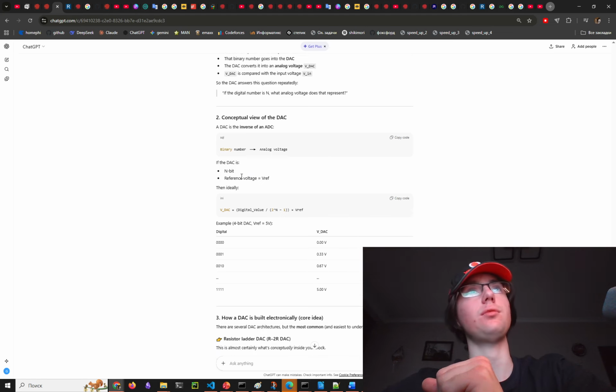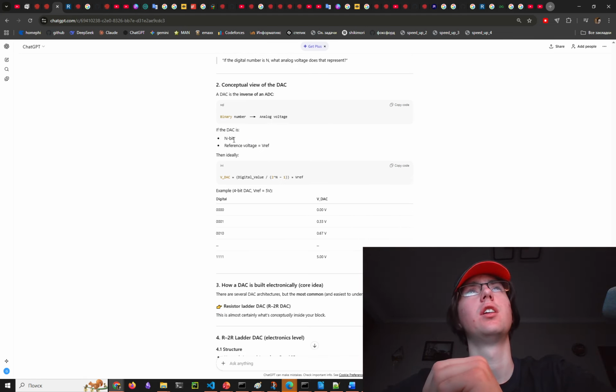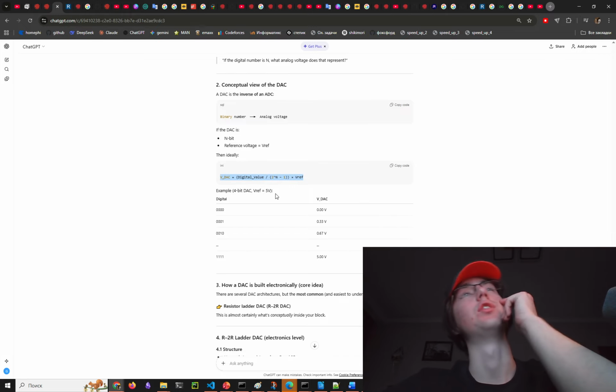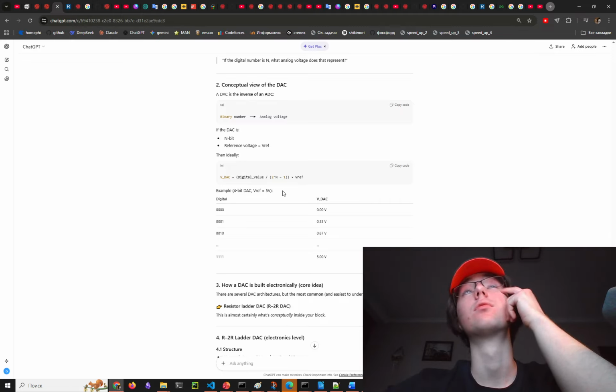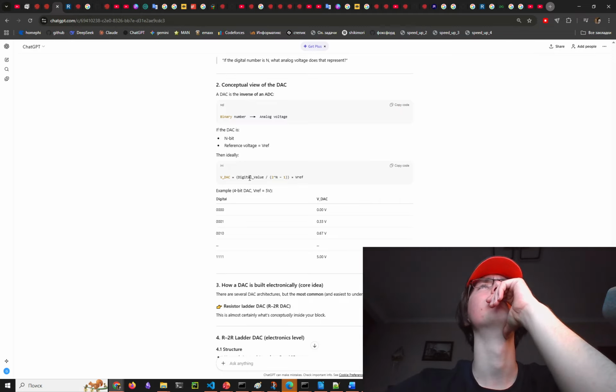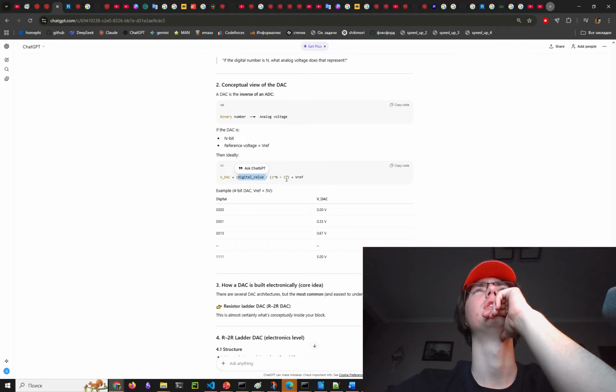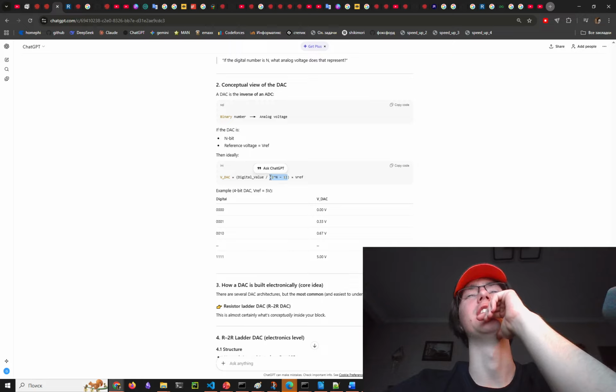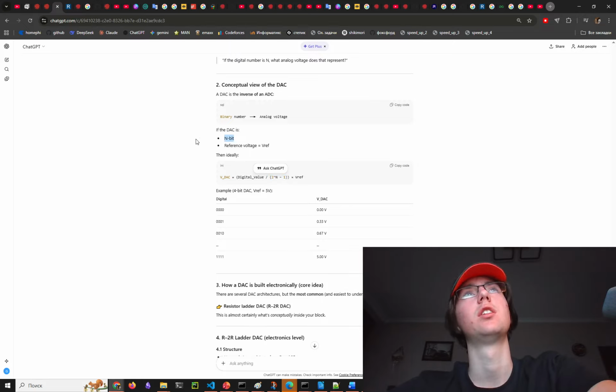If the DAC is an N-bit DAC with reference voltage V reference, then this is the formula. We take the digital value, then divide it by the maximum number that can be represented by N bits.